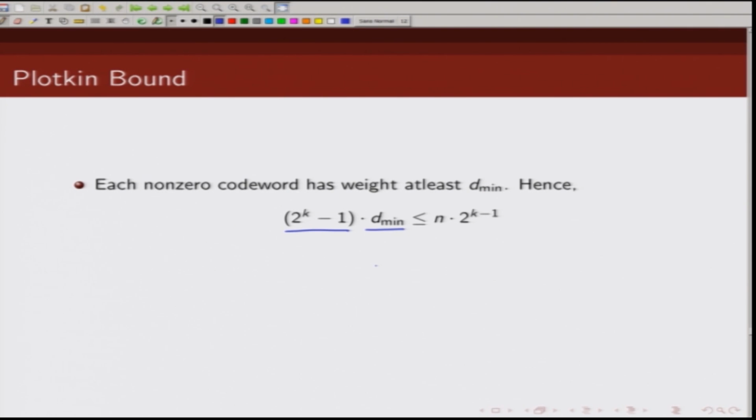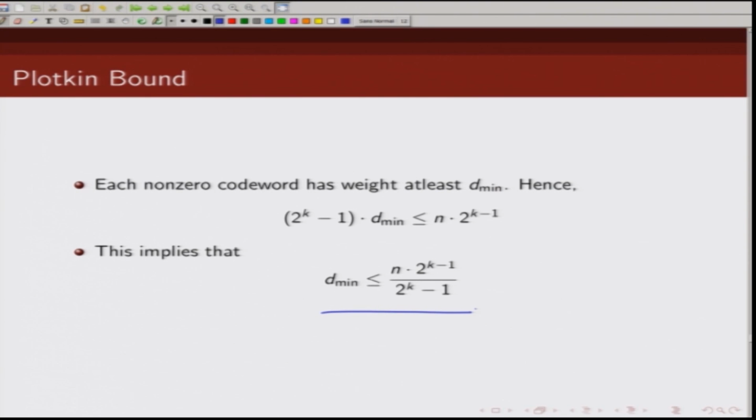And the number of ones in this array is given by n into 2 raised to the power k minus 1. So, from this we get the relationship that the minimum distance of the code is upper bounded by this, and this is known as the Plotkin bound.